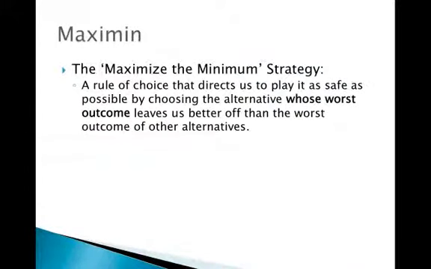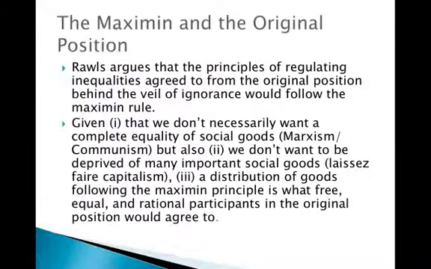This is what John Rawls calls the maximize the minimum strategy, or the maximin. It's a rule of choice that directs us to play it as safe as possible by choosing the alternative whose worst outcome leaves us better off than the worst outcome of other alternatives. Okay, so it's the best worst case scenario, basically. This is the strategy. You're going to pick the best worst case scenario.